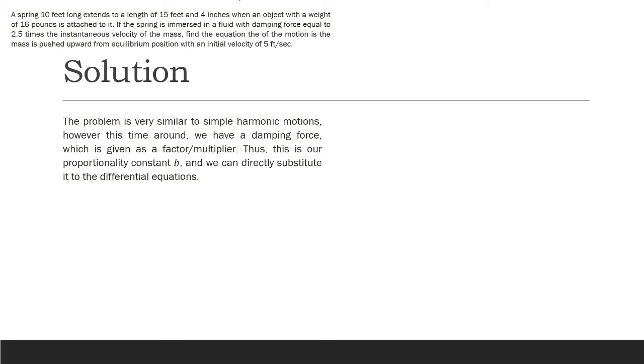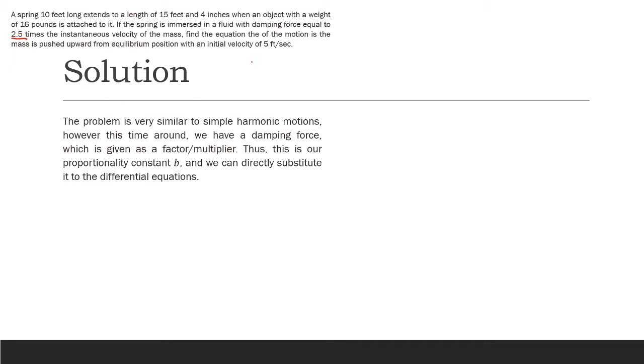So, remember, ang damping force natin is velocity times the B, which is our proportionality constant. And in this case class, given na yung proportionality constant natin, that's 2.5. So, di ba, 2.5 times ng instantaneous velocity mo.